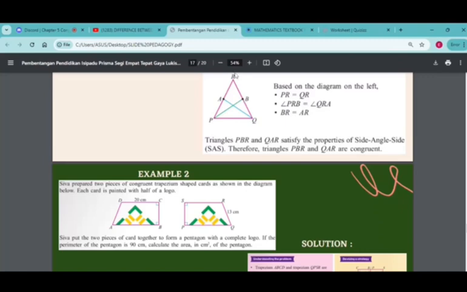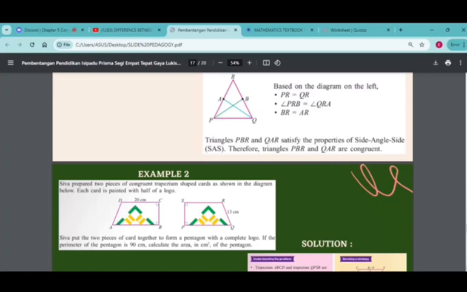Same answer. Triangles PBR and QAR satisfy the properties of side angle side, SAS. Therefore, triangles PBR and QAR are congruent.